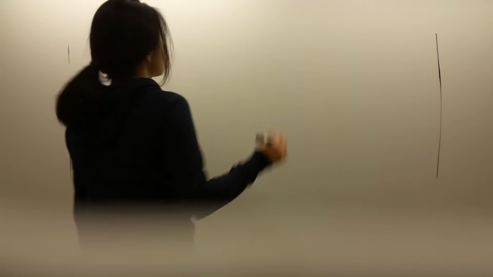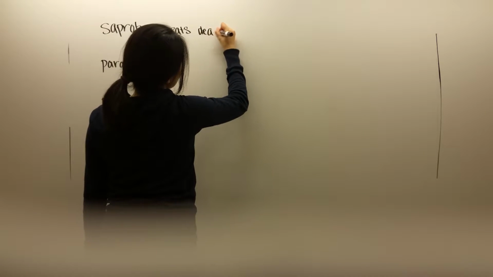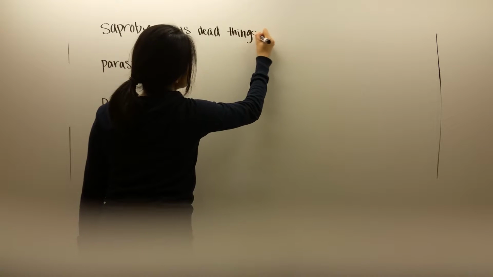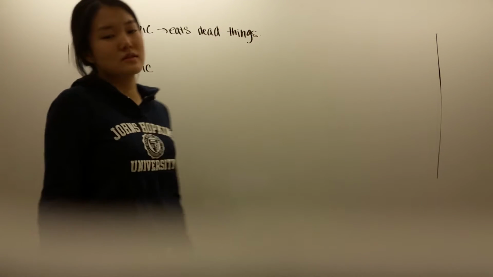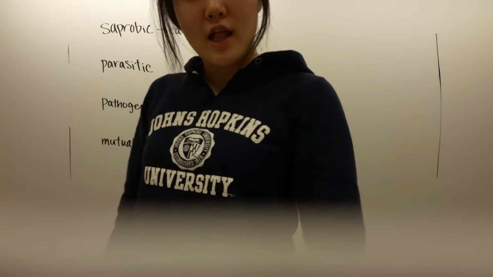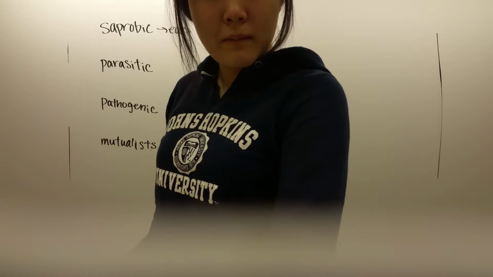So this saprobic eats dead things. So when we think about our common everyday mushroom, that's probably eating dead things. Probably grabbed the ground, probably grew on it. When you see mold on your apple, that's also a kind of saprobic fungi. Parasitic fungi.